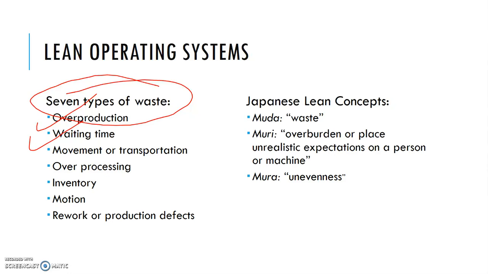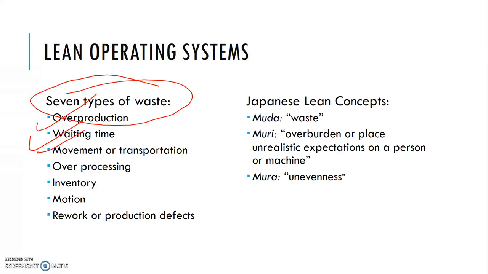Waiting time, that can be customer waiting time or waiting time within the system. So we've got workers who are waiting for material or inventory to come out of the step that precedes them, and they're just hanging out. We're paying people to hang out. That's not a particularly efficient use of our payroll. Movement or transportation, so that's moving materials around inside the process.